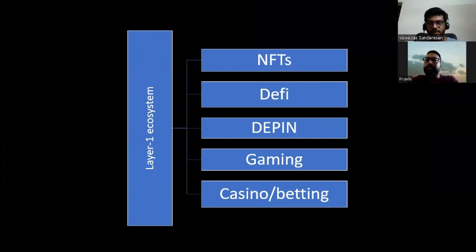But you wouldn't have heard about DePIN, because DePIN just got coined about a month ago. DePIN stands for decentralized physical infrastructure. We will dive into DePIN at a high level.